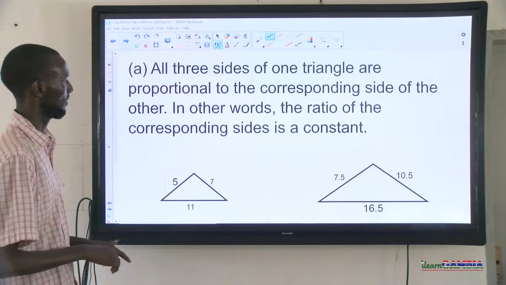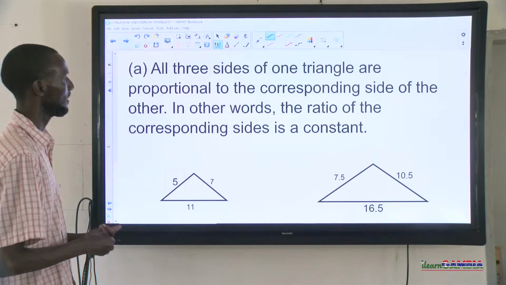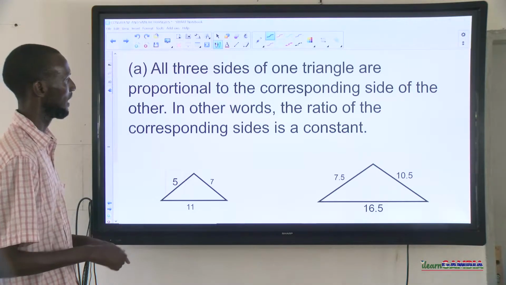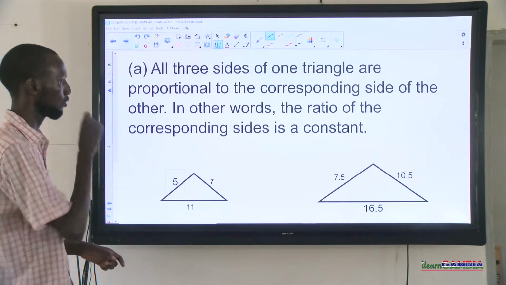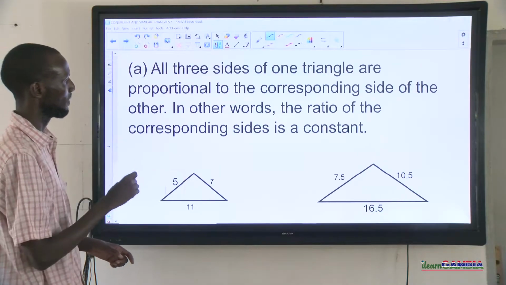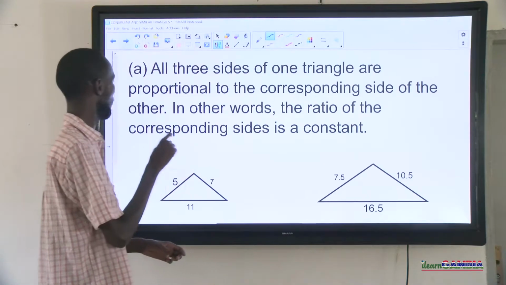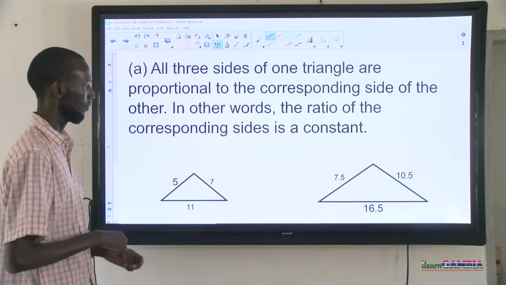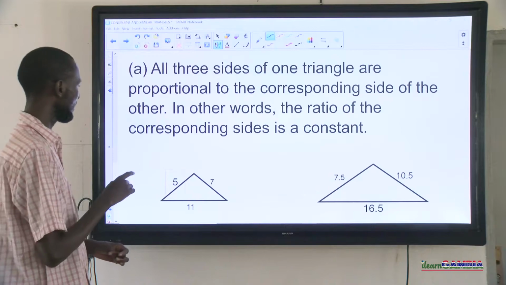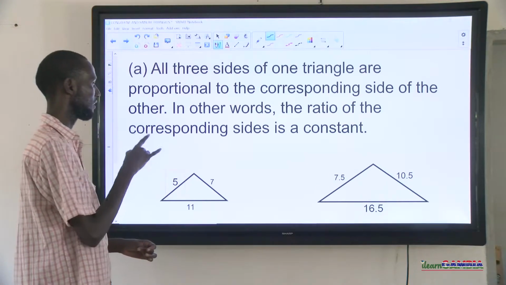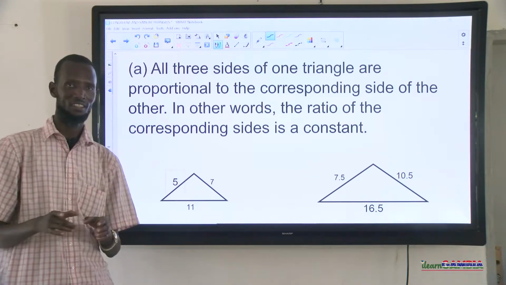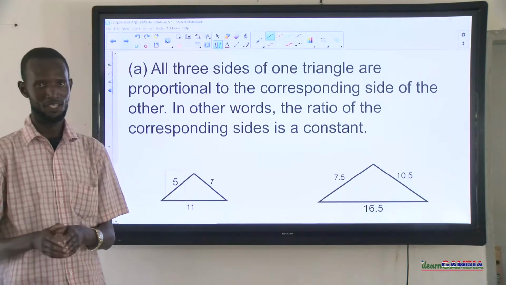The first condition is that all three sides of one triangle are proportional to the corresponding sides of the other. In other words, the ratio of the corresponding sides is a constant.